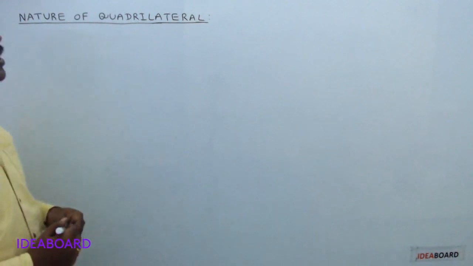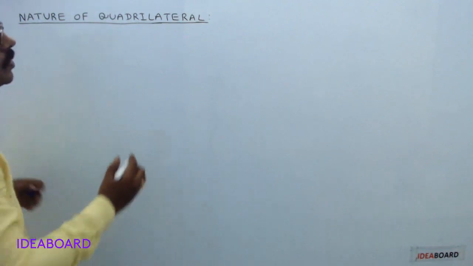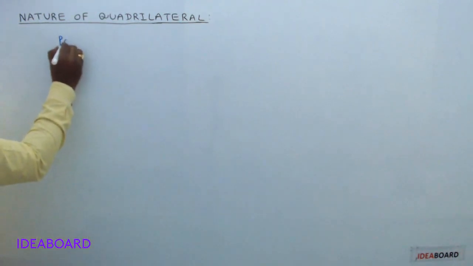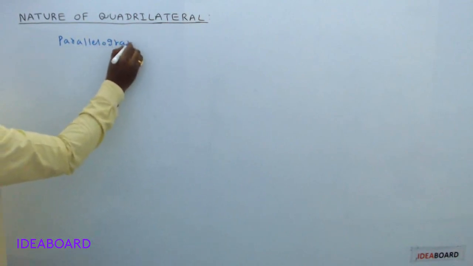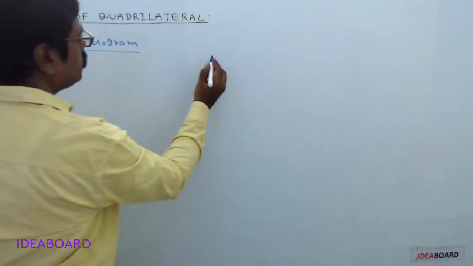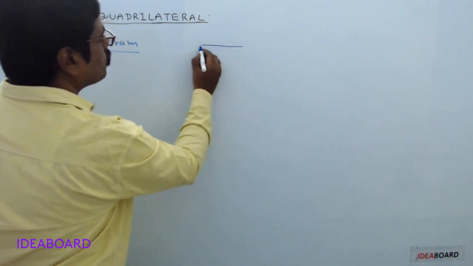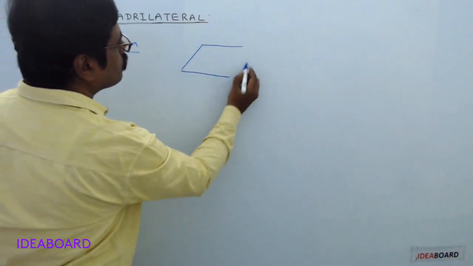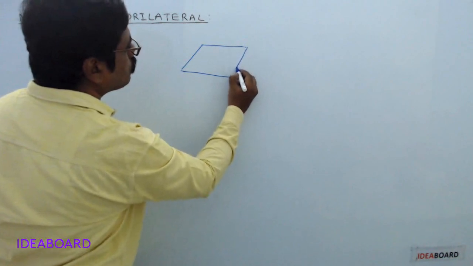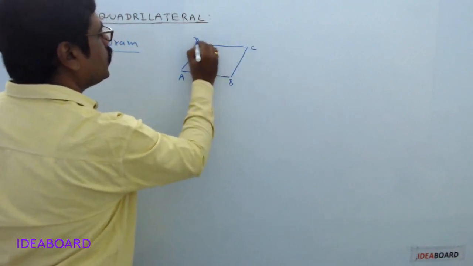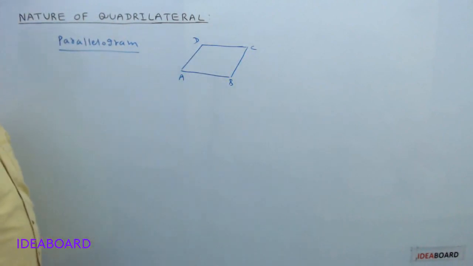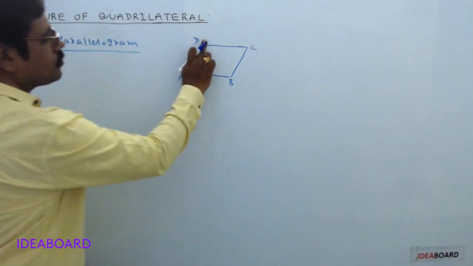Now come to the next quadrilateral, parallelogram. Suppose A, B, C, D are the vertices of a parallelogram.